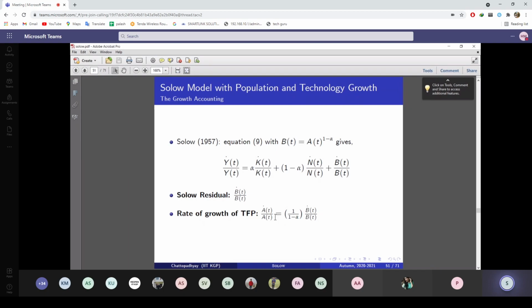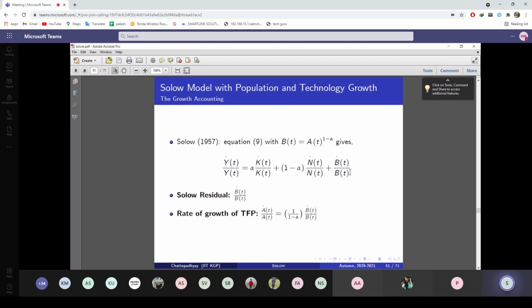I will calculate its average rate of growth and check whether it is matching or not, because the Solow model is saying that in the long run, per capita output should grow at the rate of technology. And this is exactly what Solow did. He has shown that in developed countries, it is actually matching. That is, the long run per capita growth rate is very close to the TFP growth rate calculated in this fashion.